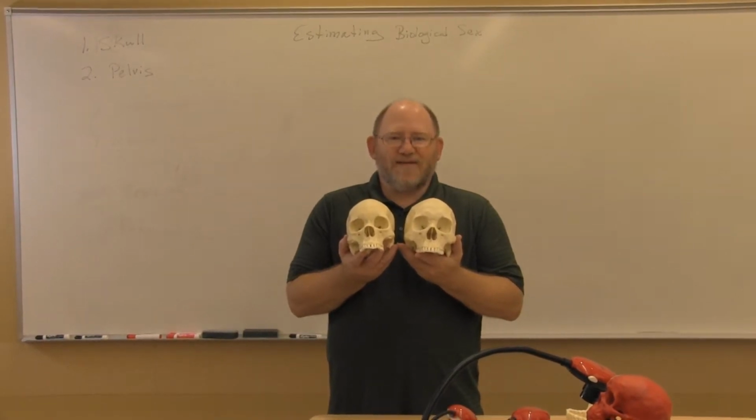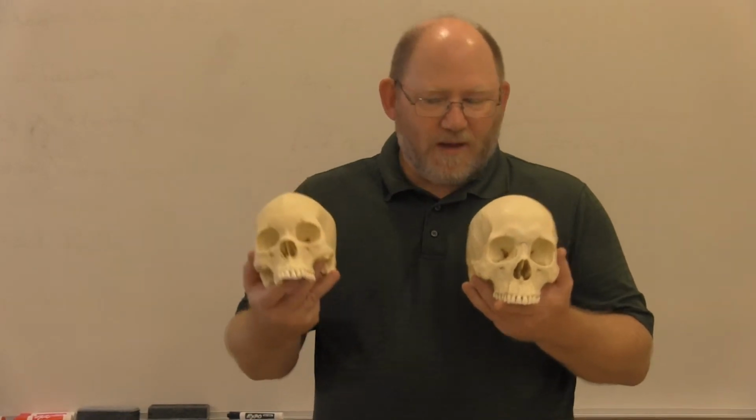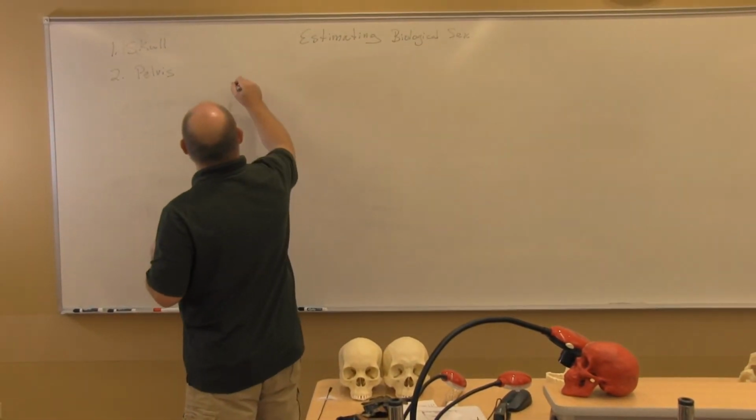One thing that you will see is that on average there is a difference in overall size. And with that often is discussed a difference in overall musculature. But there are a couple of specific locations that I will talk about where the differences in musculature show up. So for one, there is a difference in size. This is not one of the main characteristics that we pay attention to.